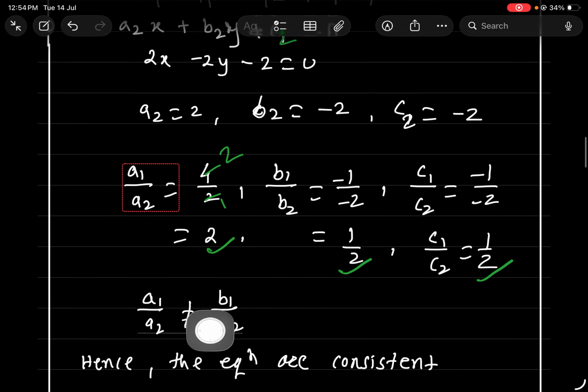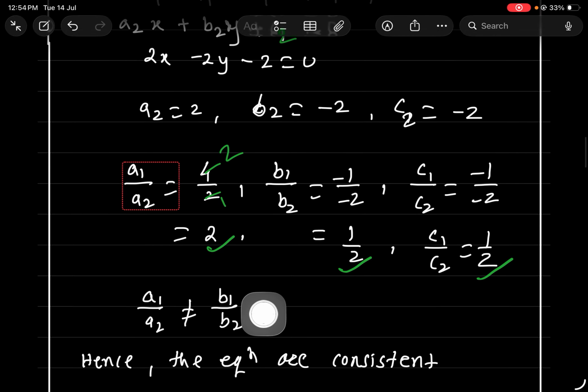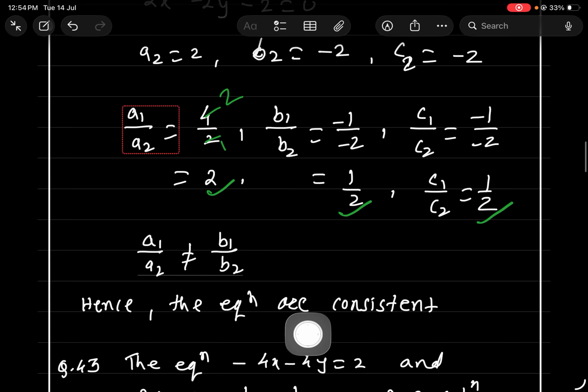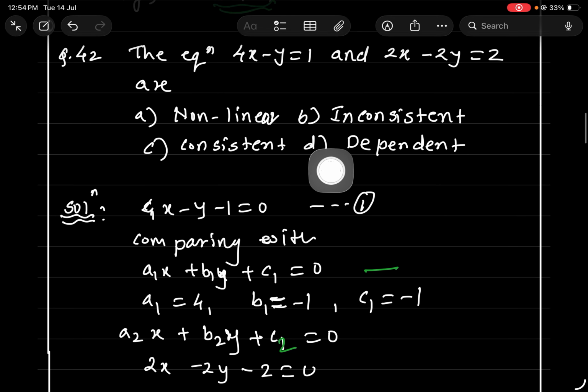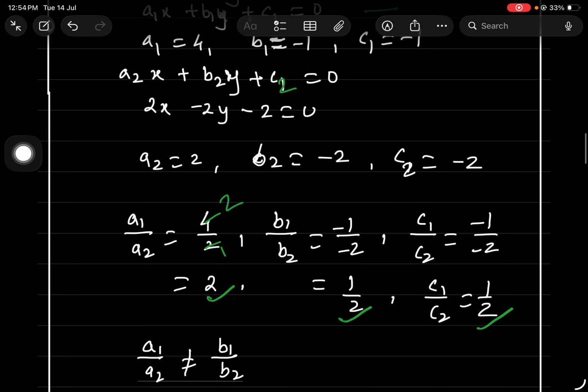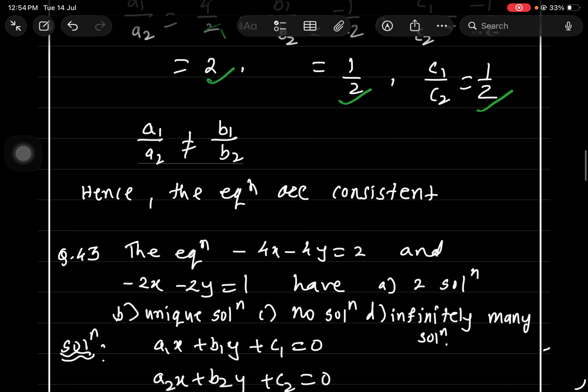So a1 upon a2 is not equal to b1 upon b2, hence the equations are consistent. Equations being consistent means they are intersecting lines with only one solution. Here the option is consistent. The solution is not required here.